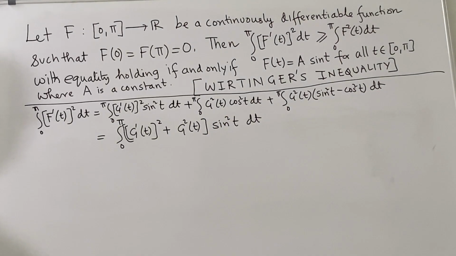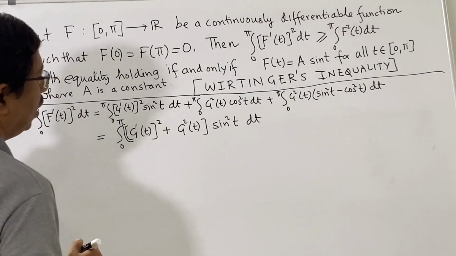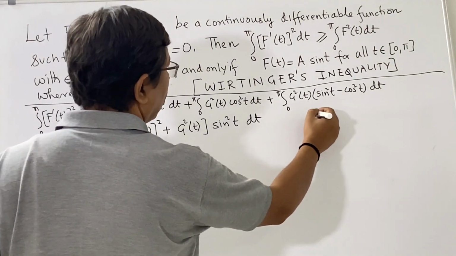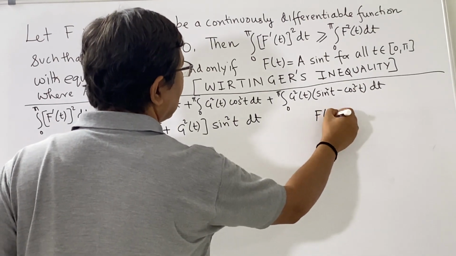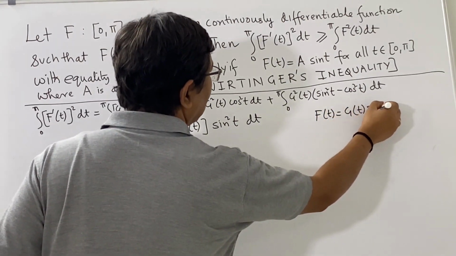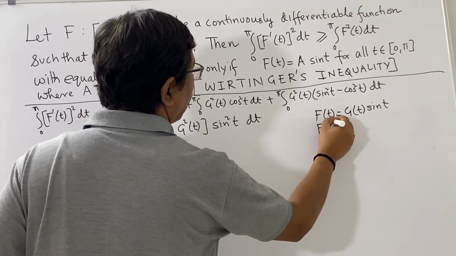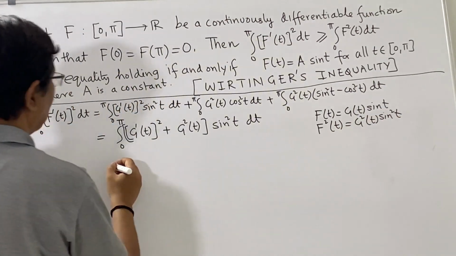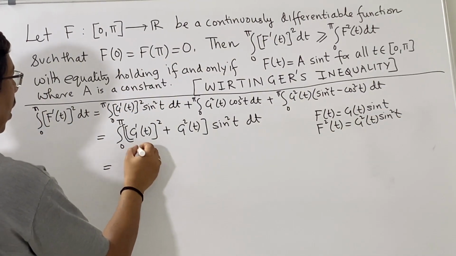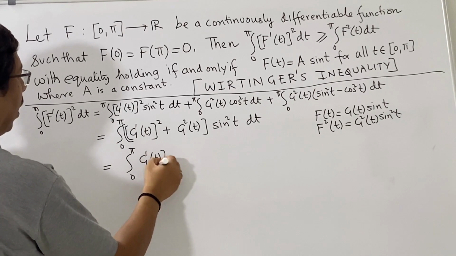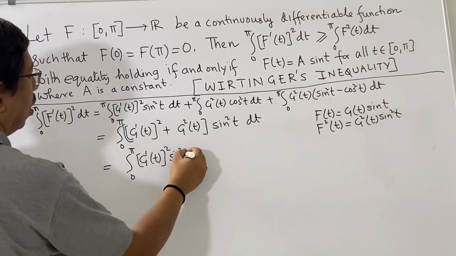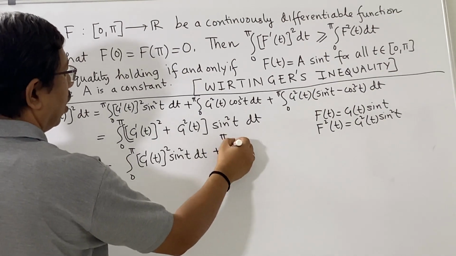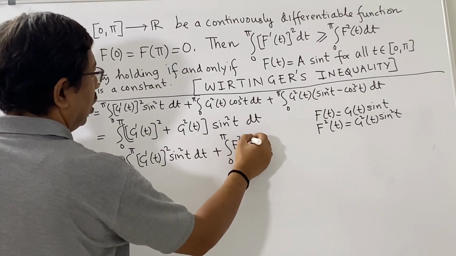Now g squared t sin squared t is nothing but f squared t. So remember that our f(t) is g(t) into sin t. So f squared t is g squared t into sin squared t. So this thing becomes the integral 0 to pi of g prime t squared sin squared t dt plus the integral 0 to pi of f squared t.